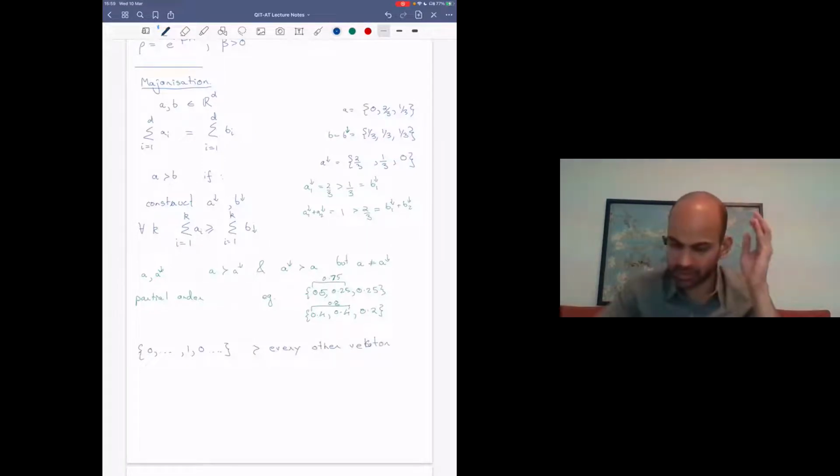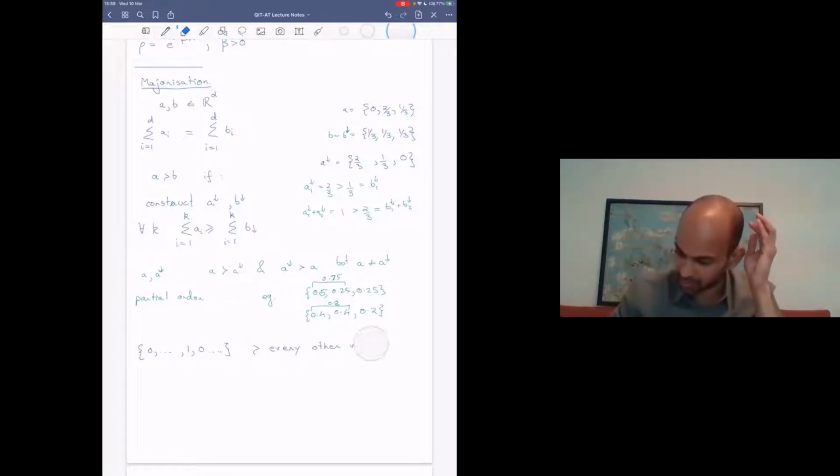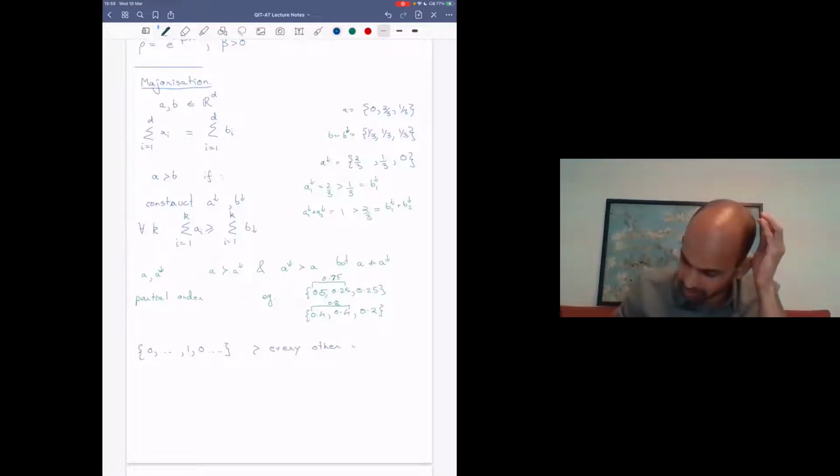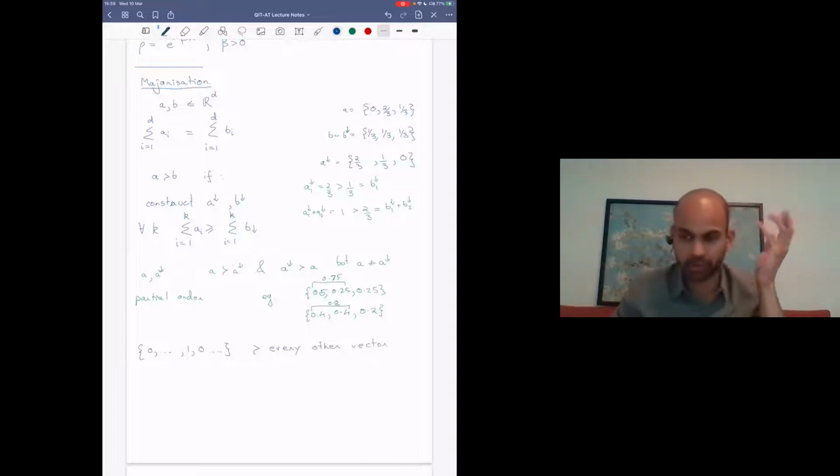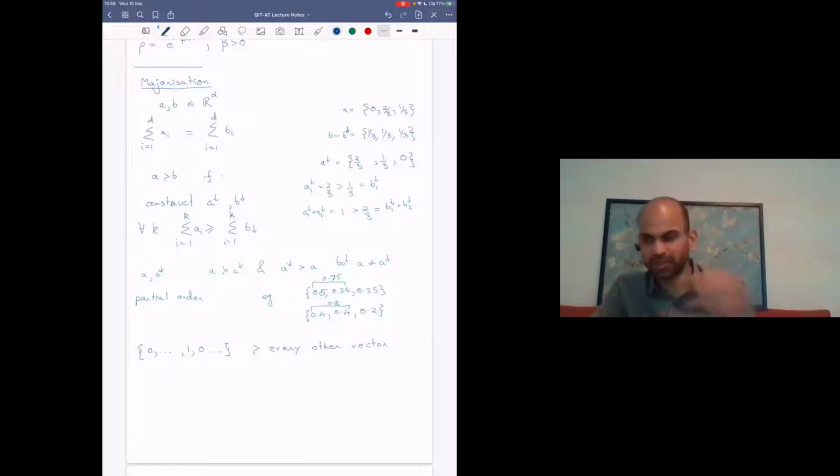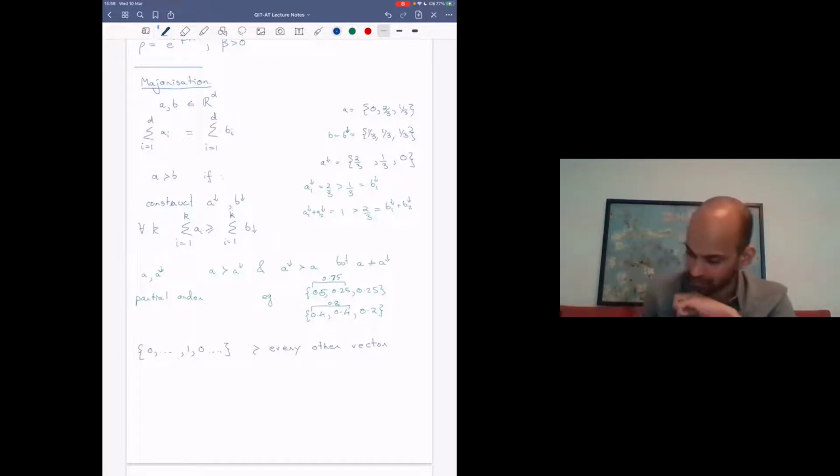And here I'm really restricting to vectors that are probability distributions, so the sum is always 1 and they're always positive elements. The reason is quite simple. If I take this vector, the largest element is already 1, and every sum of the k largest elements is just going to be 1, which is the largest sum you can ever have from taking a subset of the elements of a probability distribution. So this is going to majorize every other vector.